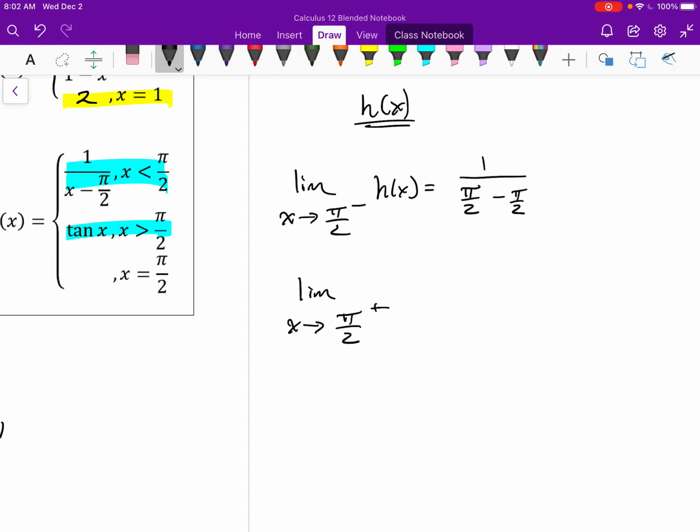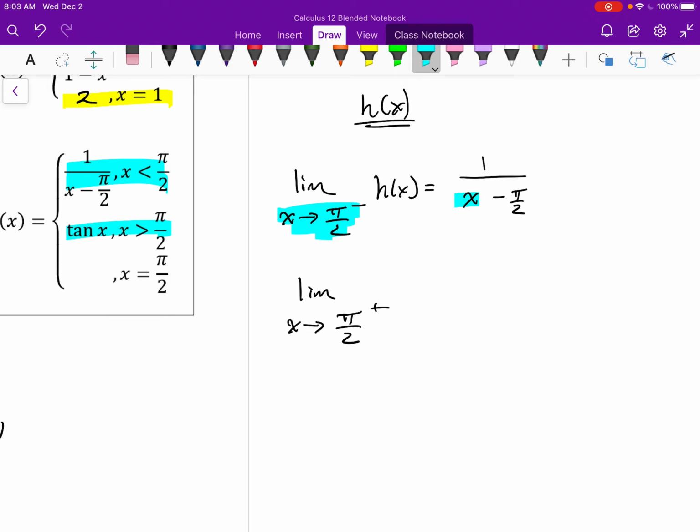Well, that doesn't do me any good, because I get 1 divided by 0. So unlike before, I couldn't just substitute this in. So what do I have here? I'll put an x here again, and I have x approaching pi over 2. So there's no way I can really simplify this.